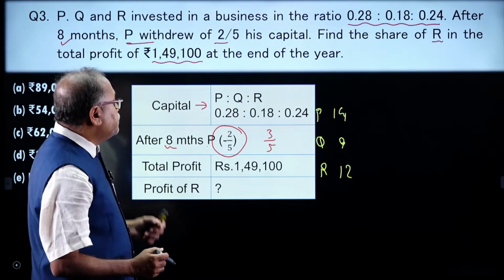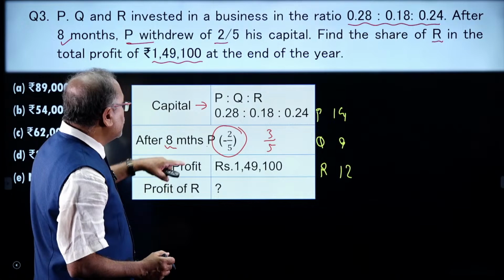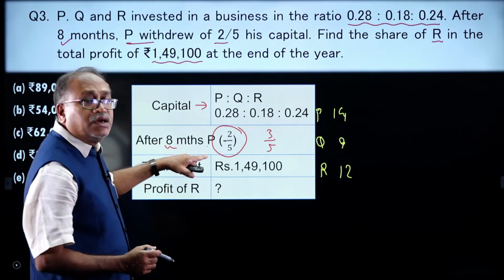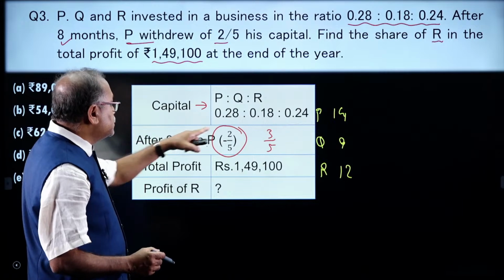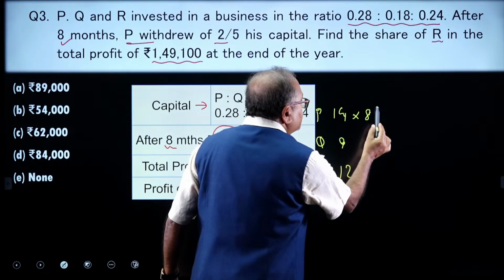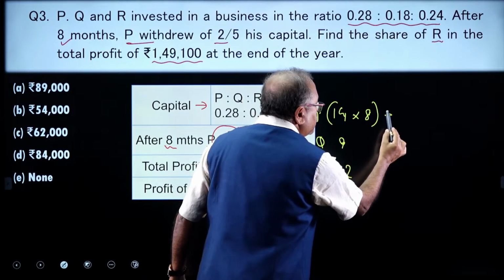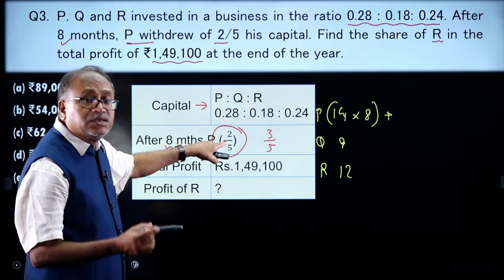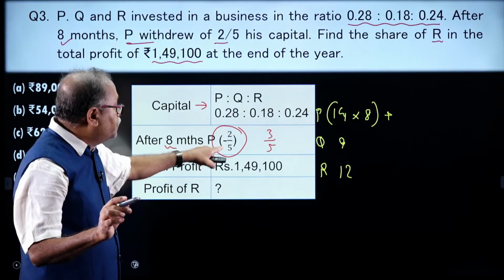So what is the time period? The time period of P, what has P done? P left the same capital for 8 months. That means 14 into 8, plus what I need to do? He has taken 2/5.